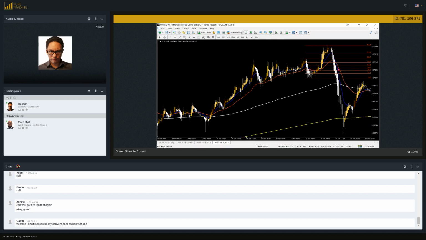Because remember that all these EMAs are in the way for me. If I'm trading here and I see there's an EMA, I'll think, oh no, I don't like this EMA here. I would have liked it to be on top so that I can feel comfortable trying to get to the next EMA. You understand?